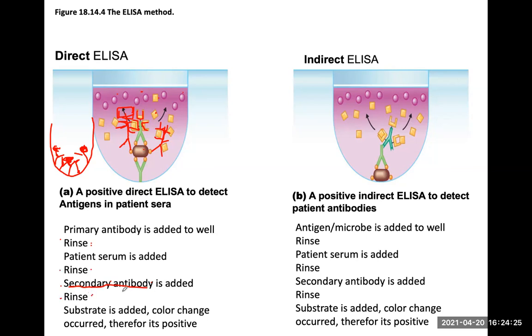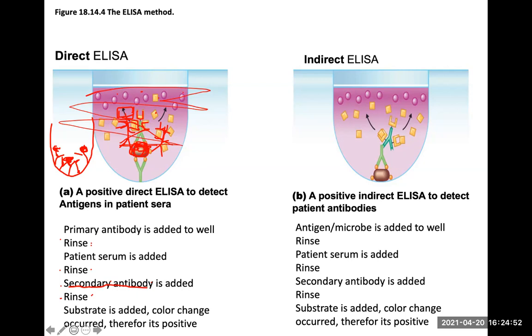So if it's bound, it stays. If it's not, it gets rinsed away. So if the patient doesn't have the microbe, then your secondary antibody won't have anything to bind to, and it'll get washed away, and you'll have nothing happen, right? No color change. All right.